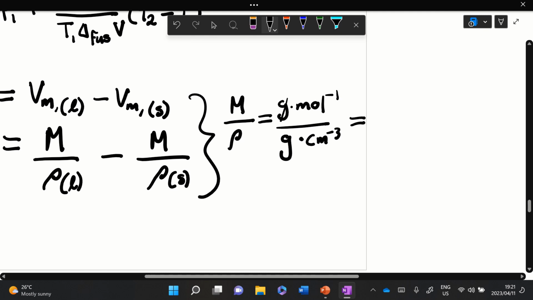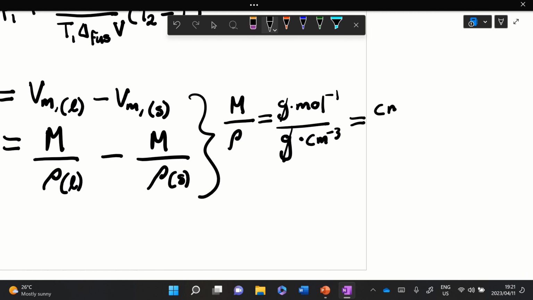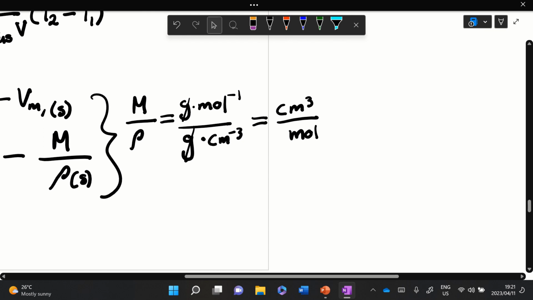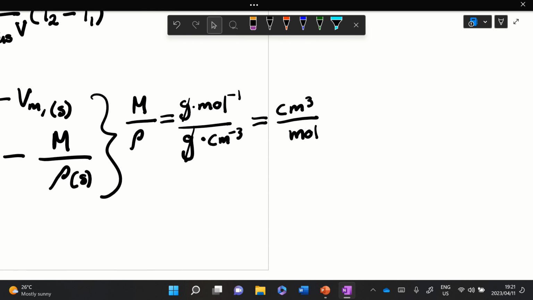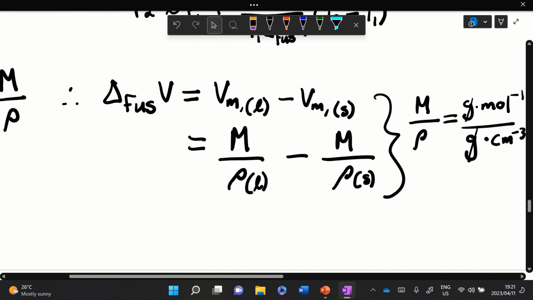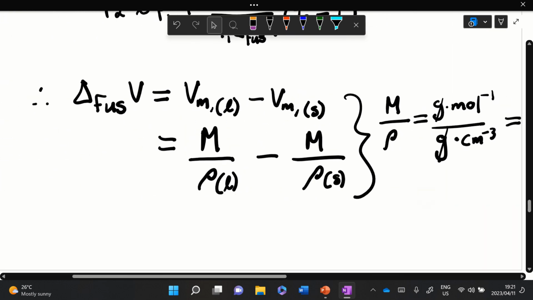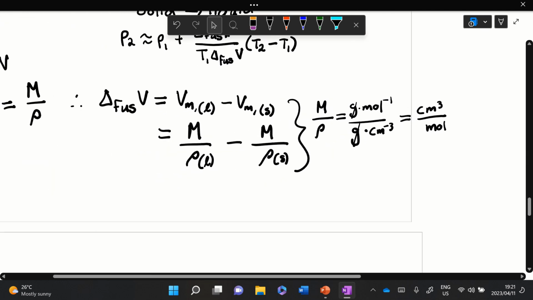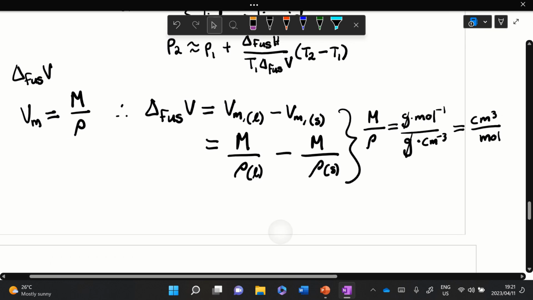Then of course the gram cancels out, the mole goes below the line, and the centimeter cube goes on top. So we have centimeter cube per mole, which is then your molar volume. It gives you a volume per mole, for example 7 centimeter cube per mole of the substance, which is exactly a molar quantity. So you can always check with the units that you're calculating the correct thing.